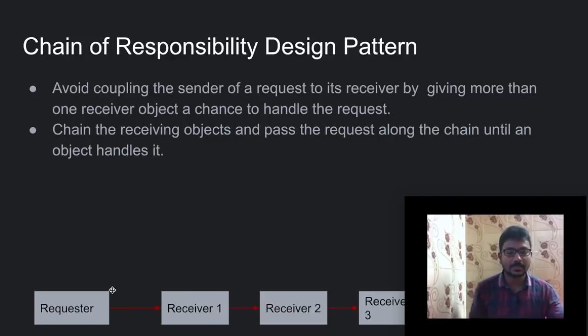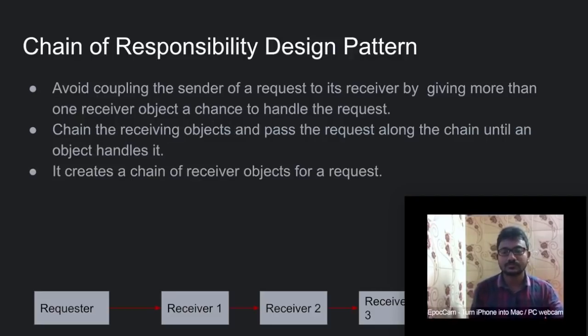After doing that operation, receiver 1 will acknowledge receiver 2 that I have validated these credentials, then you can take the further jobs. Receiver 2 does some job and then hands over the remaining job to receiver 3. So chain the receiving objects and pass the request along the chain until an object handles it.